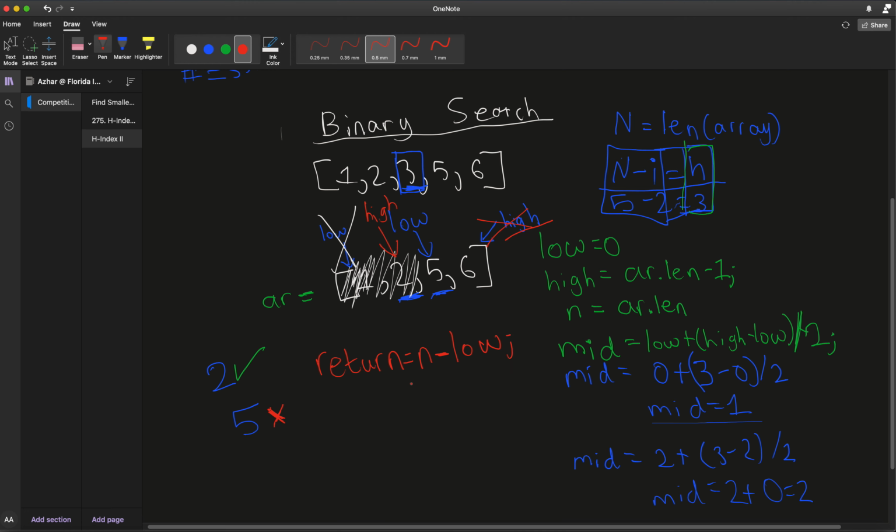So in this case, we have n is equal to 4, low is 2, and then we return 2. And 2 will be our answer. So that's how you get the answer using binary search.